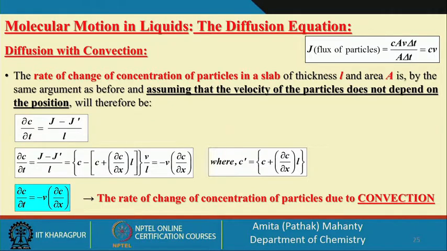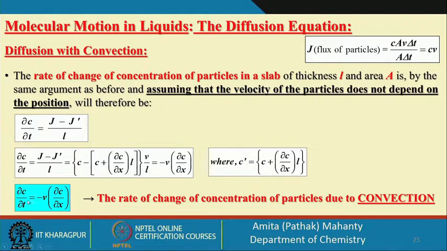The rate of change of concentration due to convection can be given by this equation. So, we have established a new equation, the diffusion equation, where you have diffusion only through the convection current in this medium.